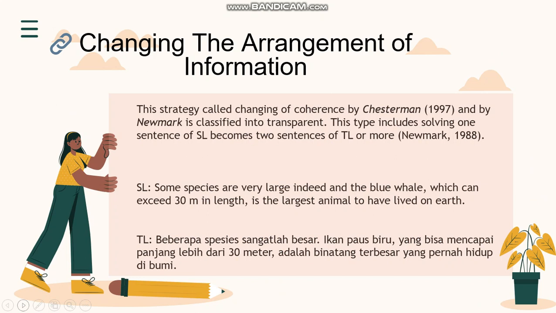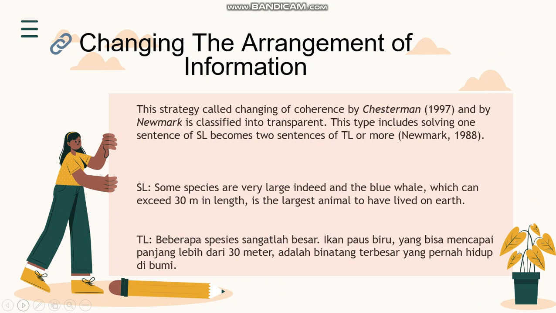Some species are very large indeed, and the blue whale, which can exceed 30 meters in length, is the largest animal to have lived on Earth. While in the target language, the translator translates the sentence into "beberapa spesies sangatlah besar. Ikan paus biru, yang bisa mencapai panjang lebih dari 30 meter, adalah binatang terbesar yang pernah hidup di bumi."